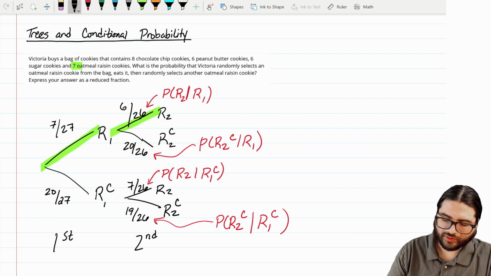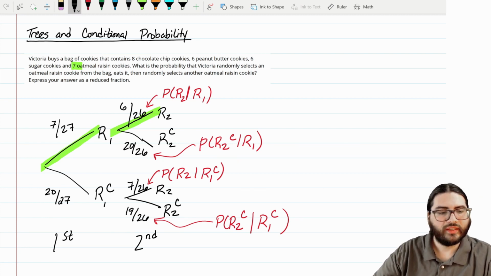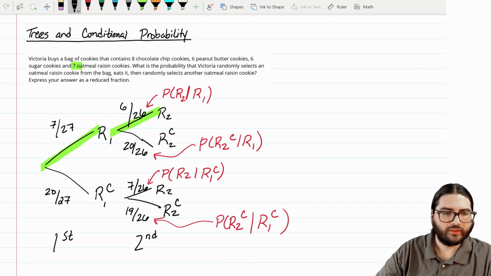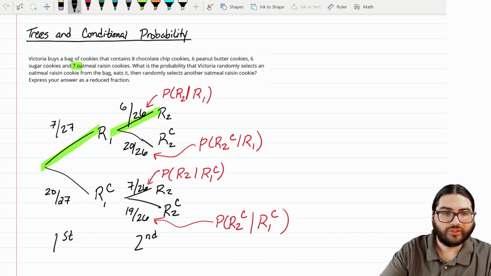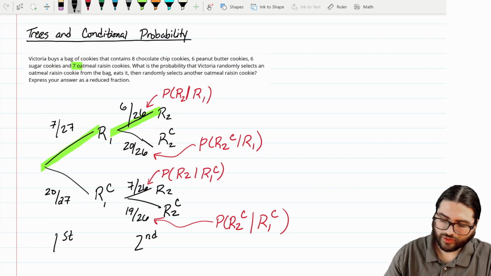What's the probability that I get this path in my tree? Well, I get raisin cookie first try and raisin cookie second try, so I should multiply those two fractions together. 7 over 27 times 6 over 26 is 42 over 702.